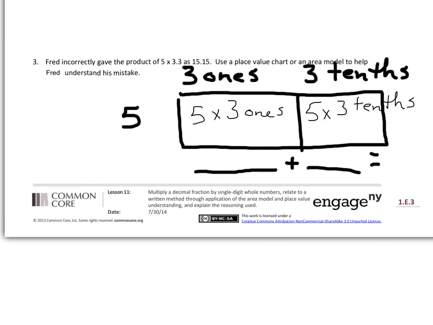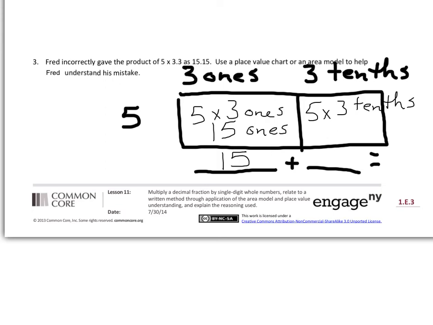An area model has now been created. 3 and 3/10 has been broken down to 3 ones and 3/10, and it's being multiplied by 5. Inside the first box it says 5 times 3 ones. 5 times 3 would be 15, and then we would also label it ones.